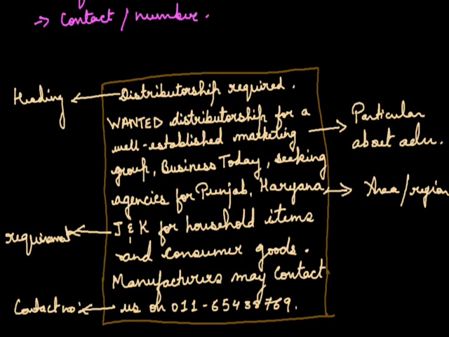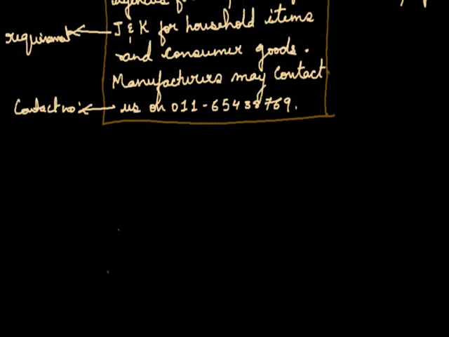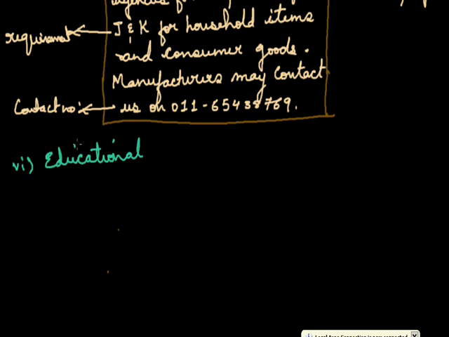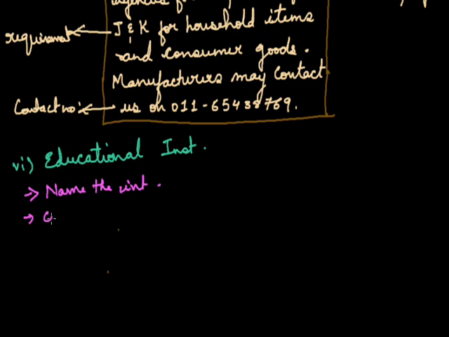Now, coming on to the next, that is the sixth point. Fifth, I have discussed business purpose. Now coming on to the sixth, that is educational institution. If you're advertising for an educational institution, you need to name the institution. Then you need to name the courses or the classes which are offered.